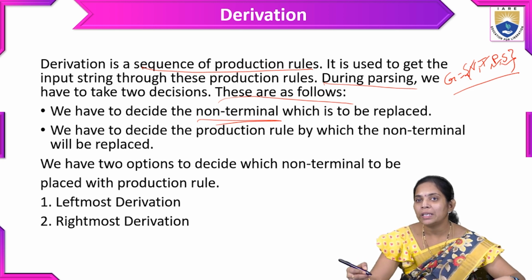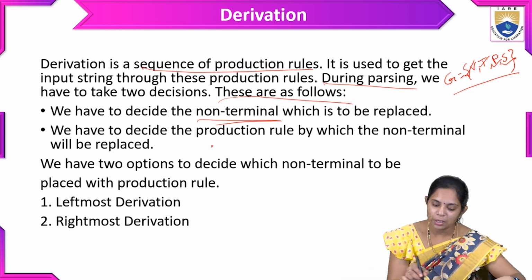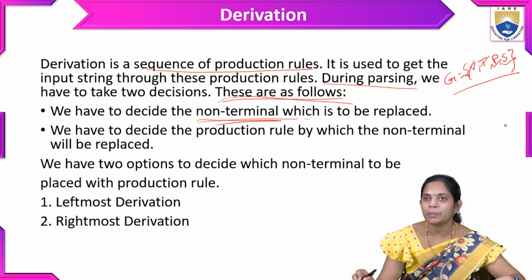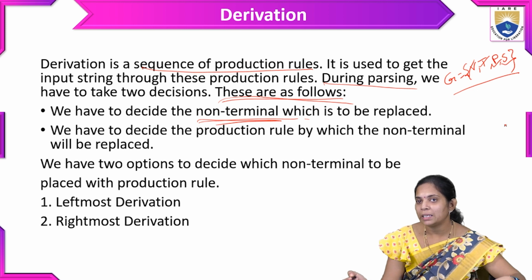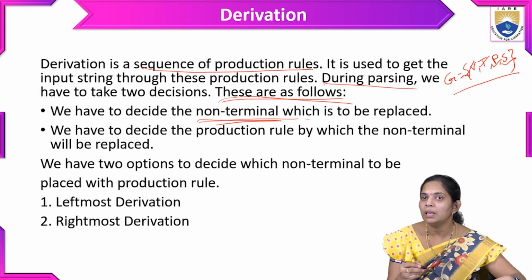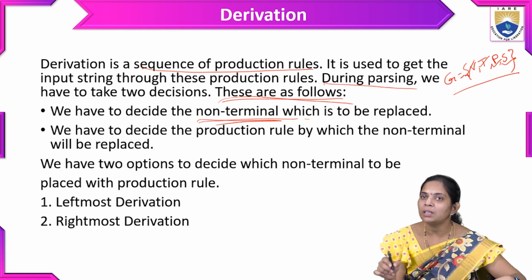To derive a string from the production rules, we have to follow two steps. First, we have to decide which non-terminal is to be replaced, substituting the non-terminal symbols with the terminal symbols.